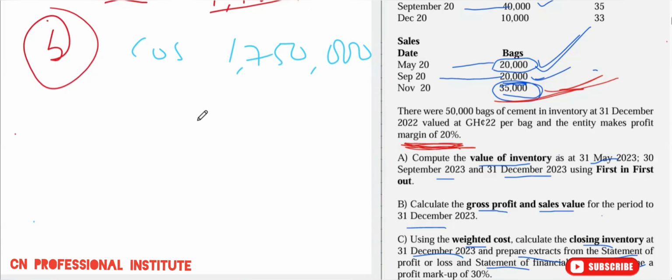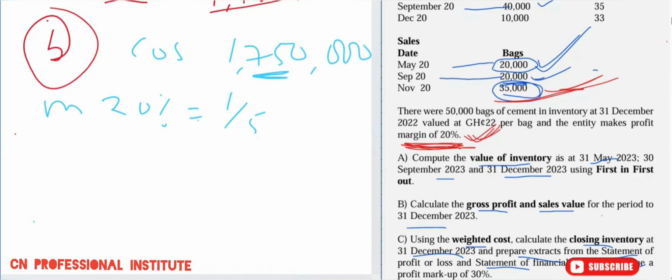So this figure here, 1,750,000, is the cost price. That's cost of sales. So we have to convert the margin, this 20%, to markup so that we can apply it on this. Changing margin to markup, if you have 20%, 20% is the same as 1/5, which is the margin.